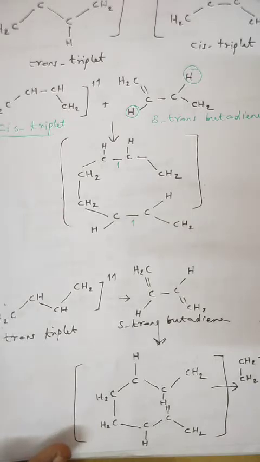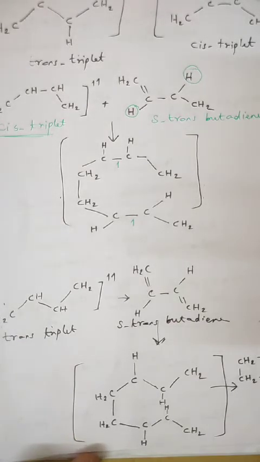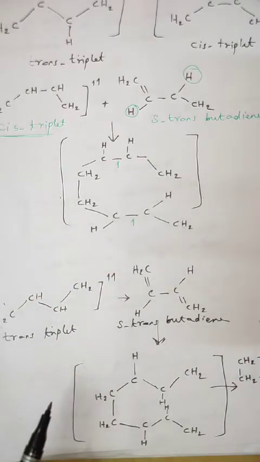So the difference between various sensitizers in influencing the ratio of the products depends on the ease of energy transfer to s-cis and s-trans butadiene to give either the cis or trans triplet state.